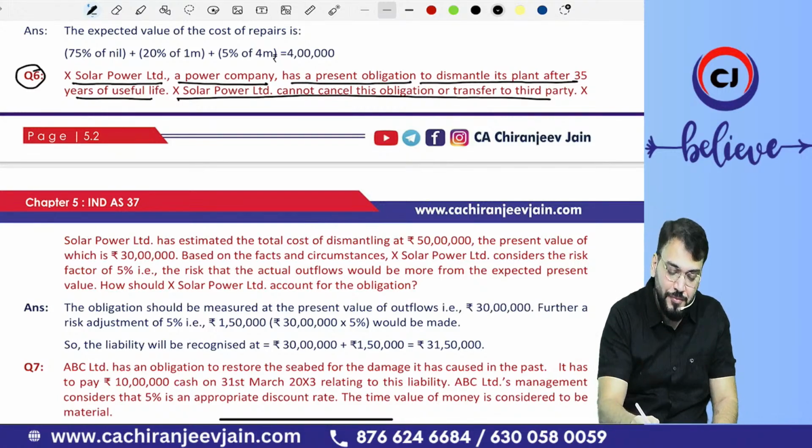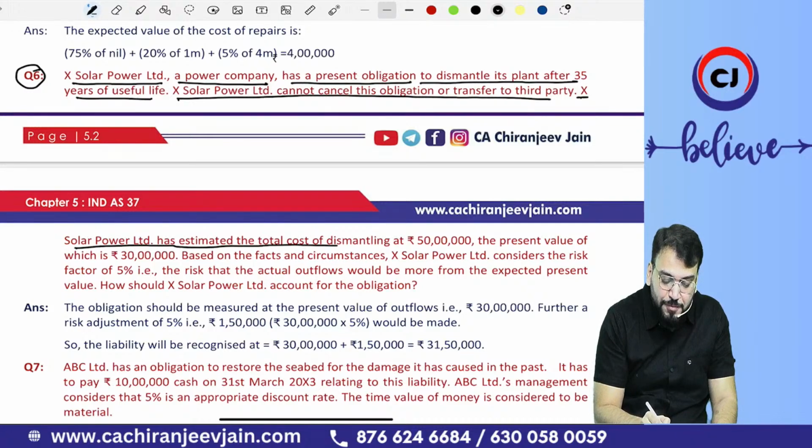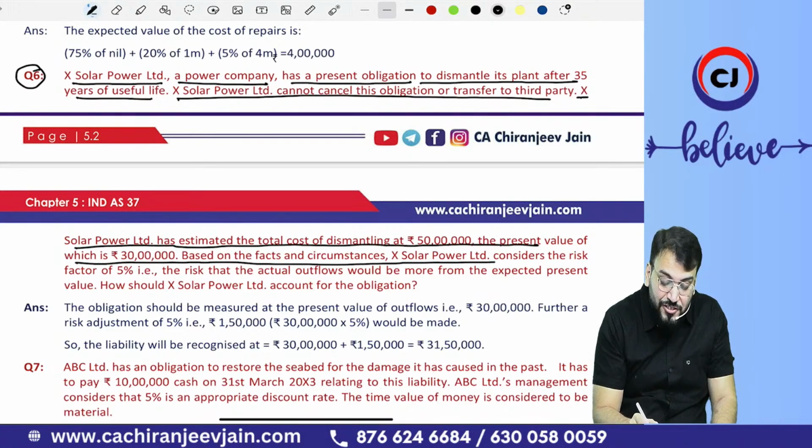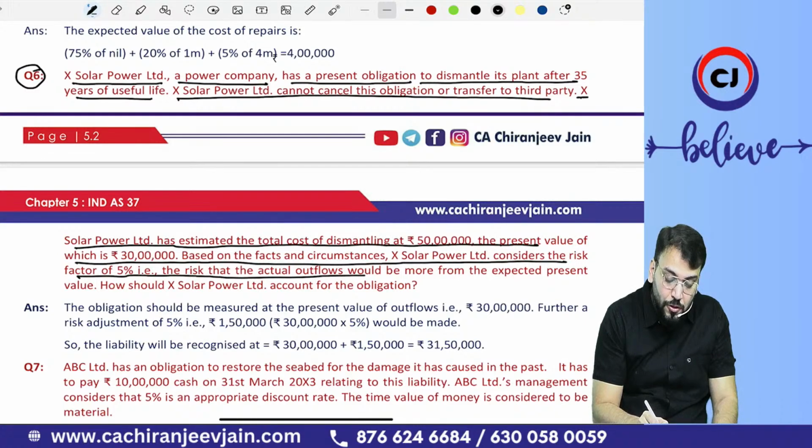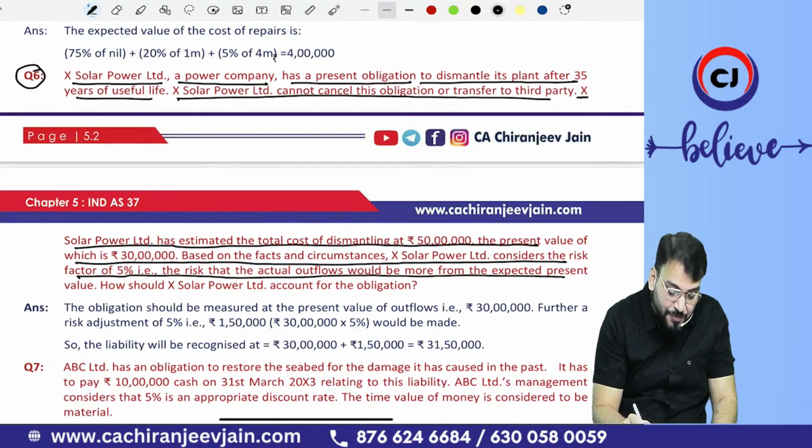X Solar Power Limited has estimated the total cost of dismantling at 50 lakh, the present value of which is 30 lakh. Based on the facts and circumstances, X Solar Power Limited considers a risk factor of 5%, that is, the risk that actual outflow would be more than the expected present value.